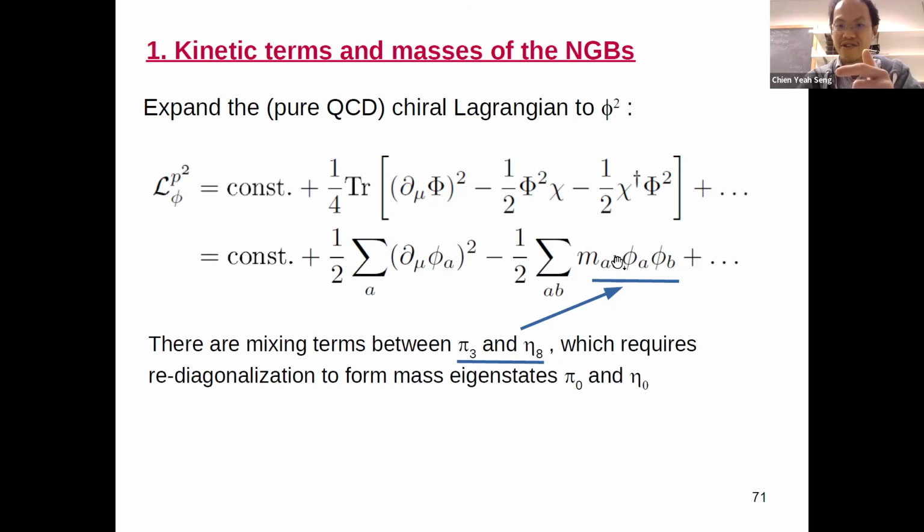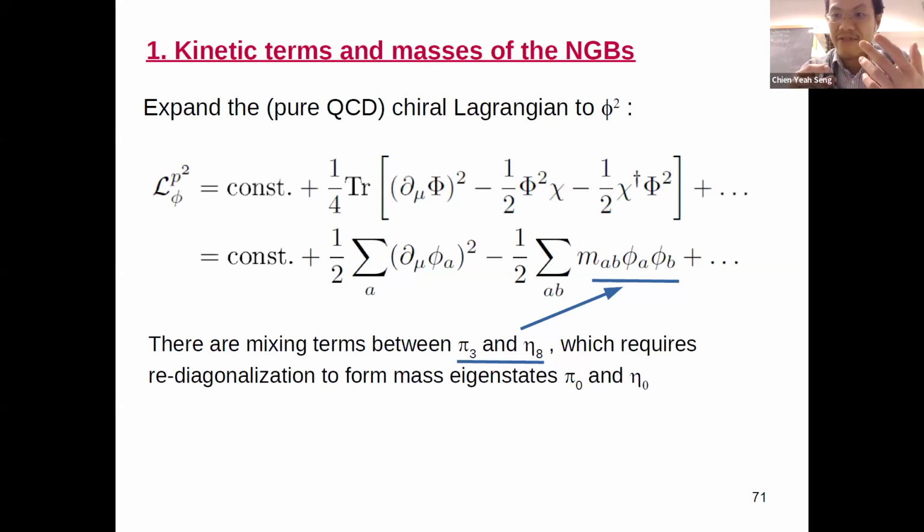In particular, you find an interesting thing. Usually the ordinary free Lagrangian of a scalar is something like half the derivative of phi squared minus half m squared phi squared.